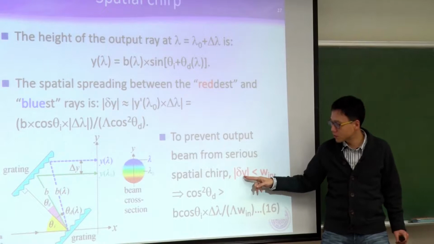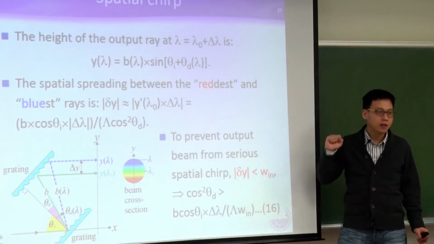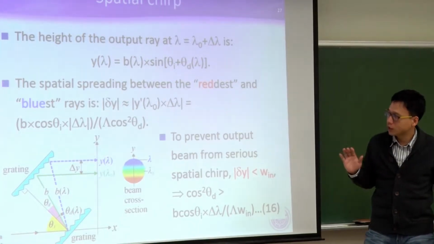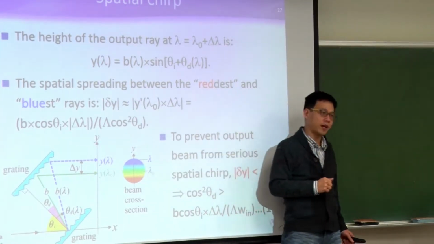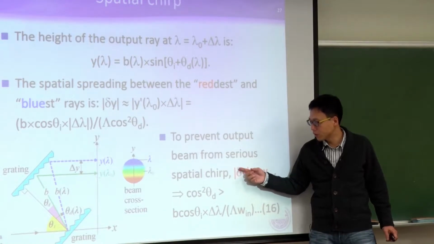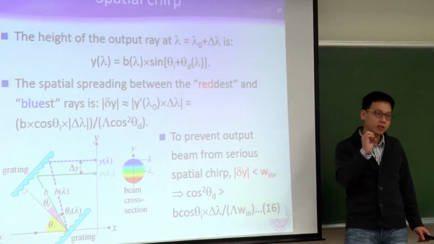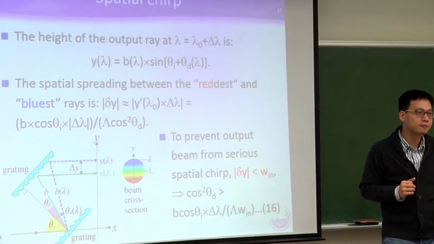If the number is larger than your beam diameter, you can imagine spatial chirp is really serious. You will see a very obvious color tone along the vertical direction. In contrast, if your spatial spreading is much smaller than your beam diameter, your beam is roughly okay. Spatial chirp is not serious.